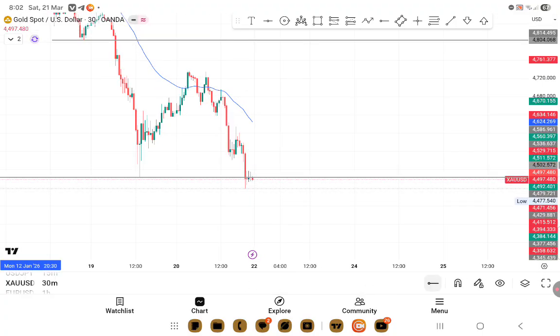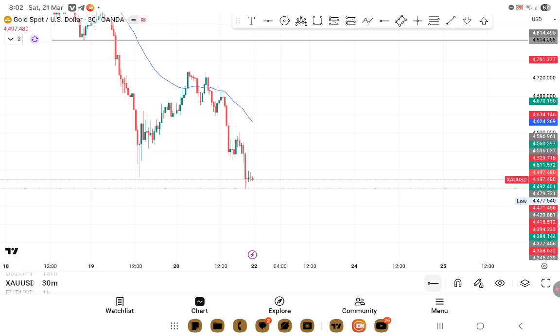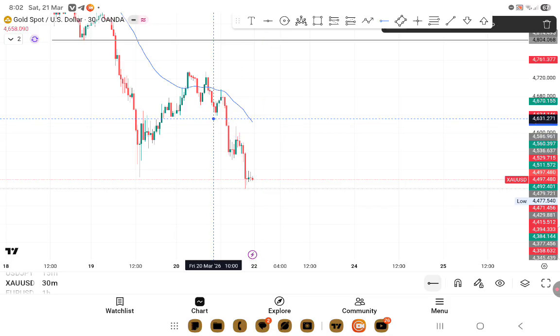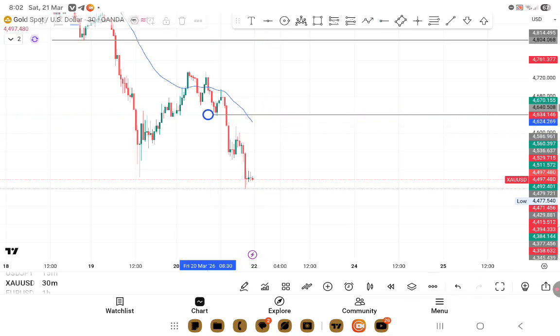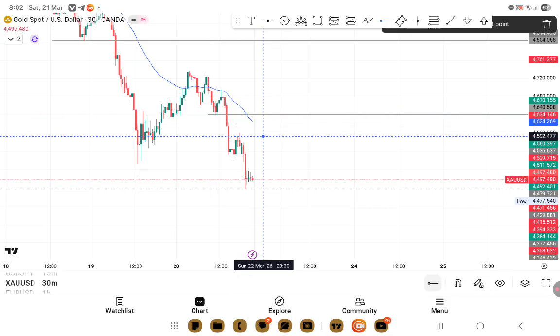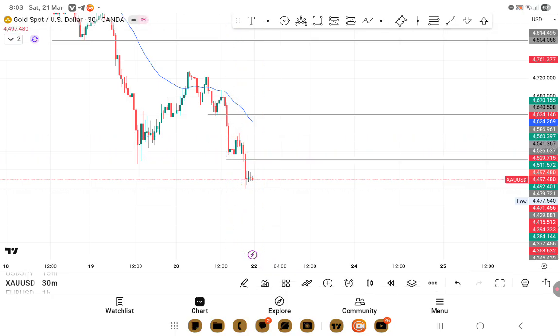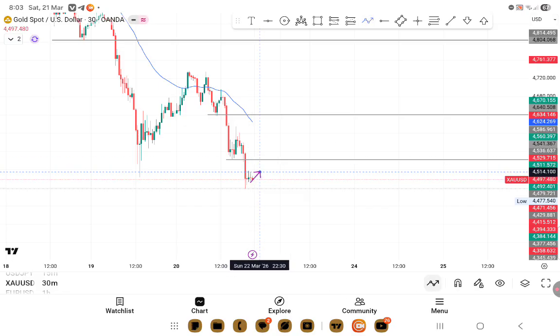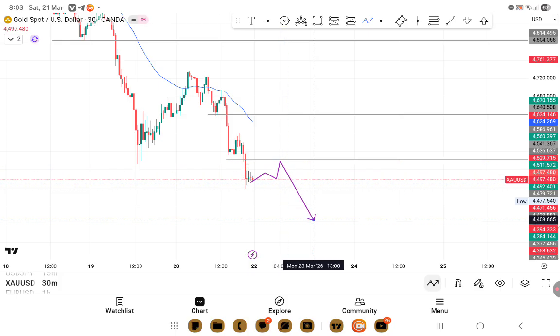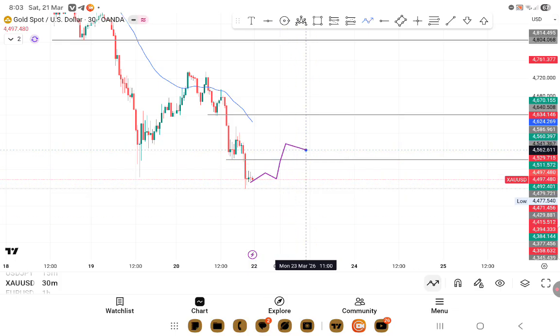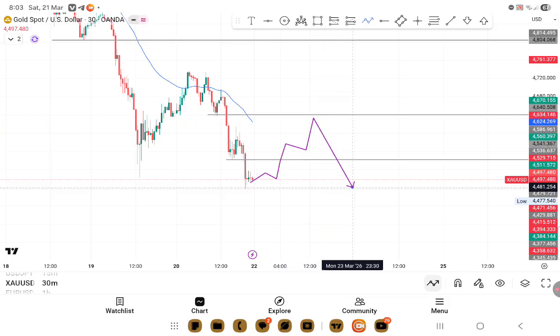Here right now, the perfect line would be looking for a test of this one, because it already has a body, or this one, because it already has a body. So if the market comes back to this place, I go in as a sell, or it comes back to this place, I go in as a sell, because that's the trend right now.